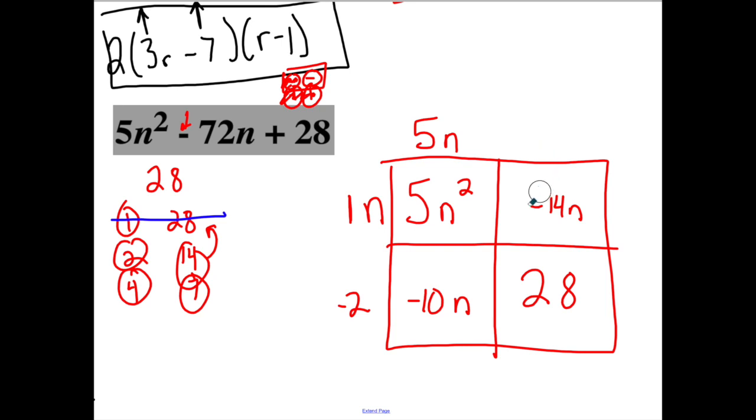So what can I do? I could abandon it altogether, but I actually don't know that it's not the other way around. So let's try the other way around. That is to say, let me switch those numbers. And it matters, right? Because now negative 2 is getting multiplied by 1, and now negative 14 is being multiplied by 5.